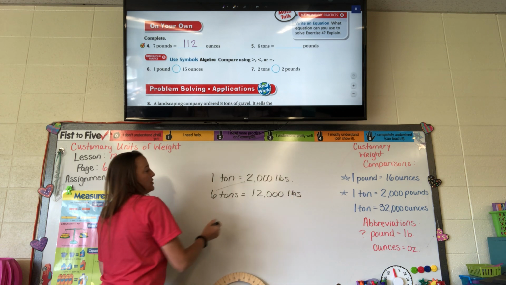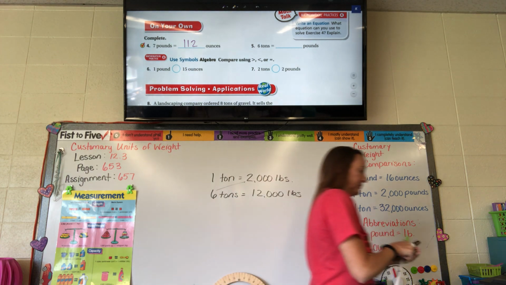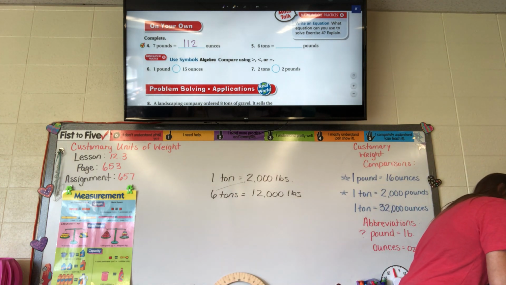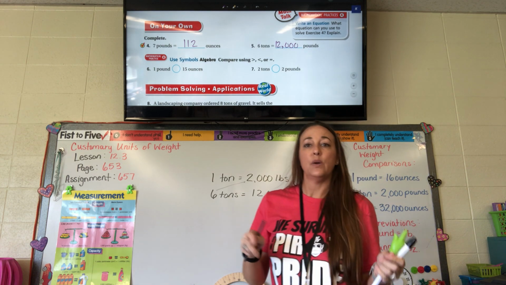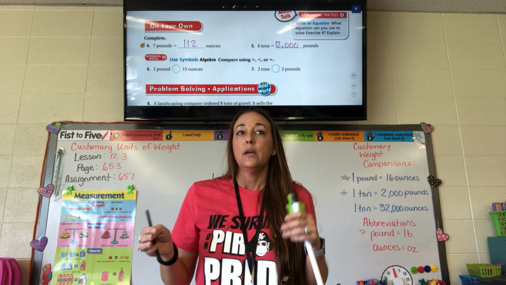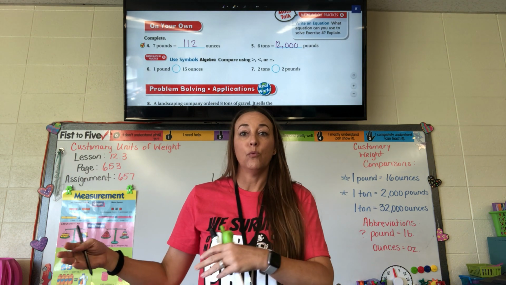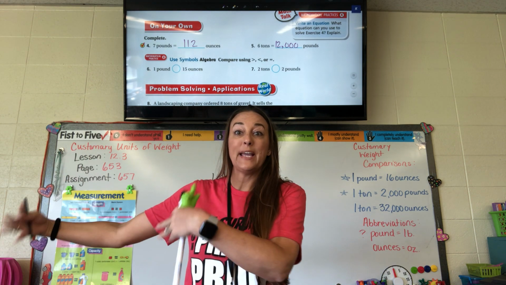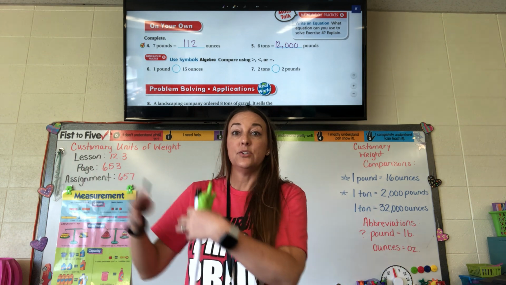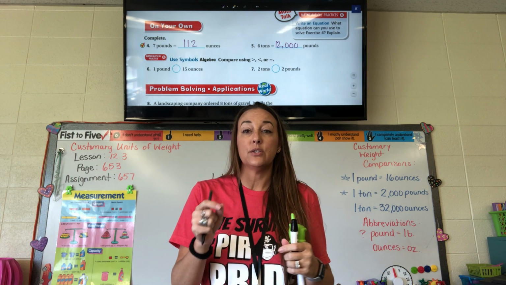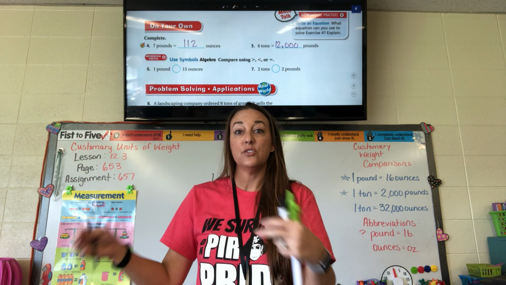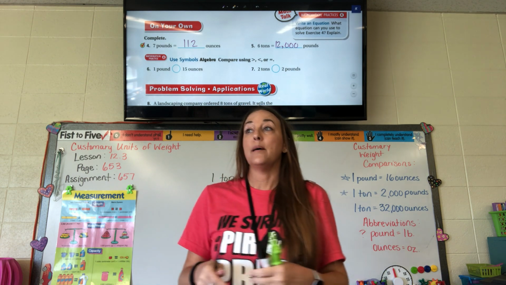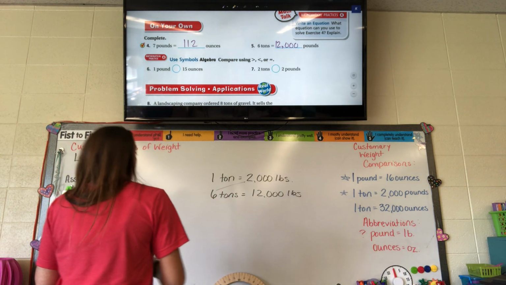Just multiply those two together. 12,000 pounds. Okay. So these next ones are the ones where we have to convert our bigger measurement into the smaller unit. So if we have pounds, we're going to go to ounces. If they give us tons, we're going to go to pounds.